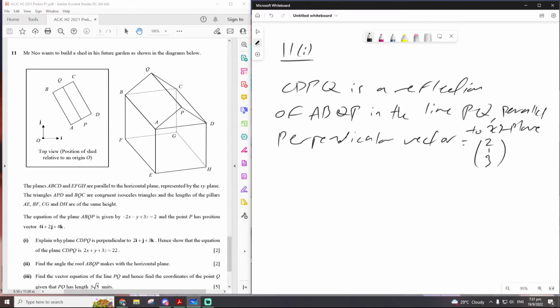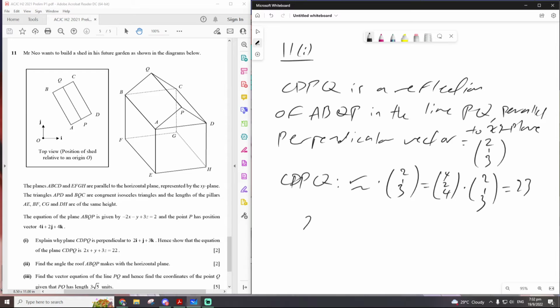So we're given that P lies on the plane. So CDPQ has r dot (2, 1, 3) equals to, you pick any point on the plane, which I'll pick P. We are given the position vector (4, 2, 4) dot (2, 1, 3). And you can multiply this out. This is 8 plus 2 plus 12, which is 22.